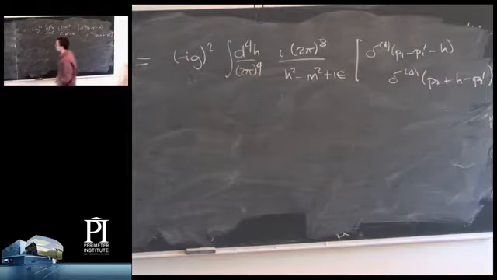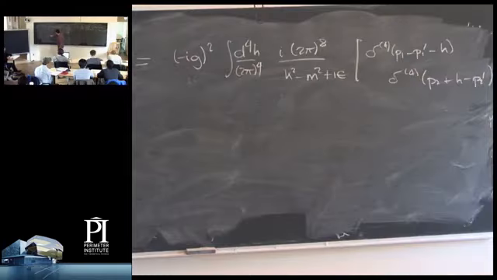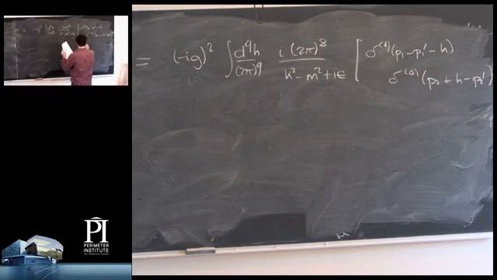So the sum of momenta going into this is 0, the sum of momenta going into this is 0. That's these 2. And then the second diagram has k.